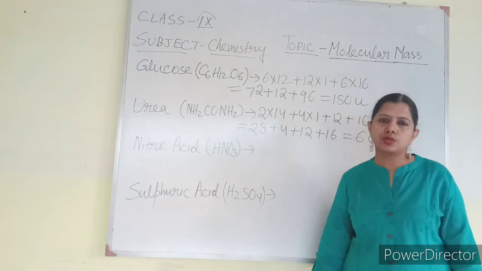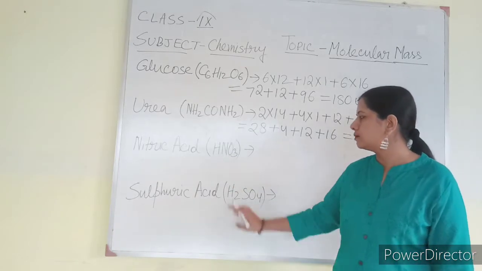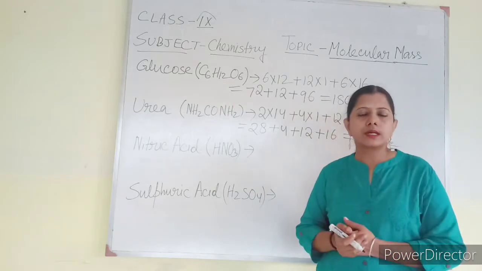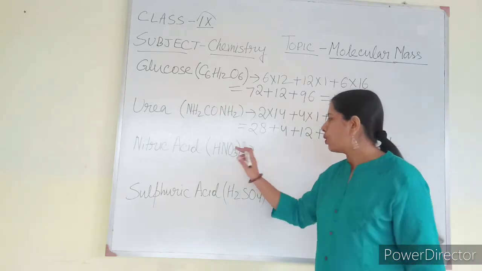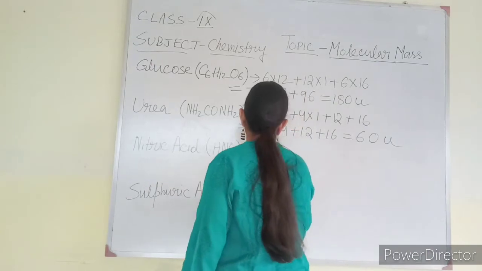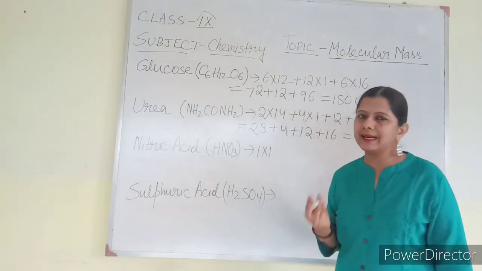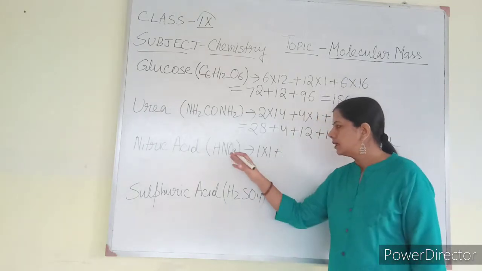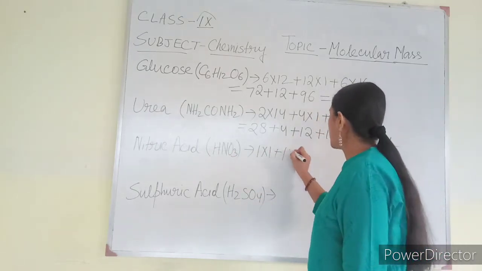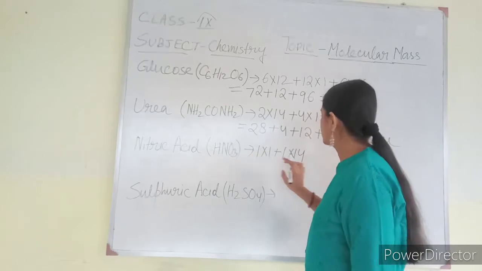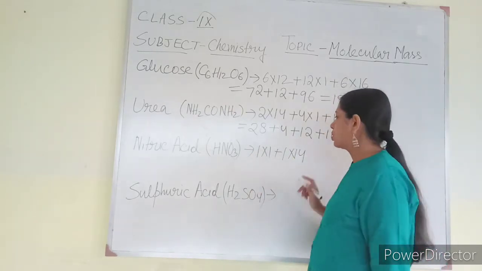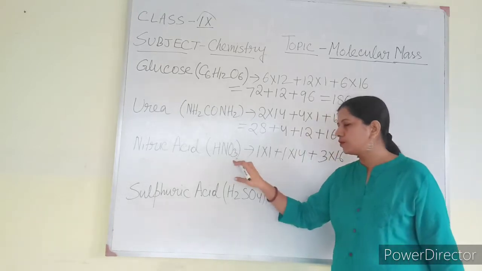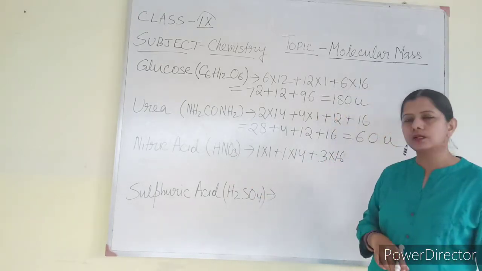Formula is HNO3. Hydrogen 1 atom, nitrogen 1 atom, oxygen 3 atoms. So let us calculate by adding 1 atom of hydrogen, 1 into 1 or only 1, anything you can write, no problem. For explanation I am writing nitrogen is 1, so 1 into 14, 1 nitrogen means 14, and oxygen is 3, 3 into 16, 1 atom of oxygen mass is 16, okay.